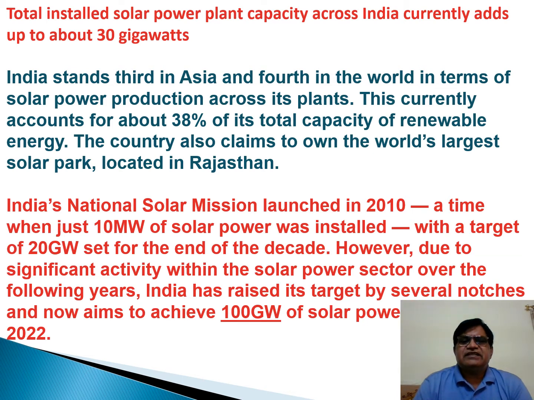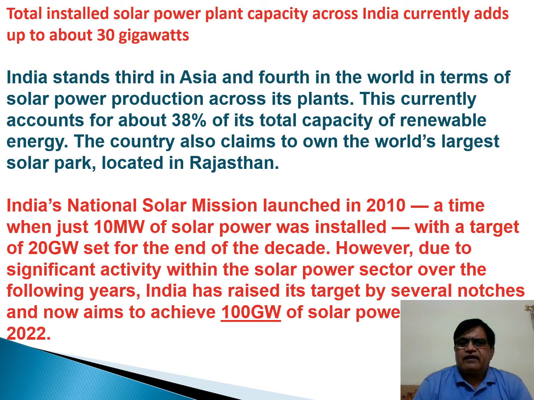This capacity has gained momentum in the last 10 years only. The Indian solar mission was launched in the year 2010. At that time, we had a capacity of 10 megawatts of solar power generation.